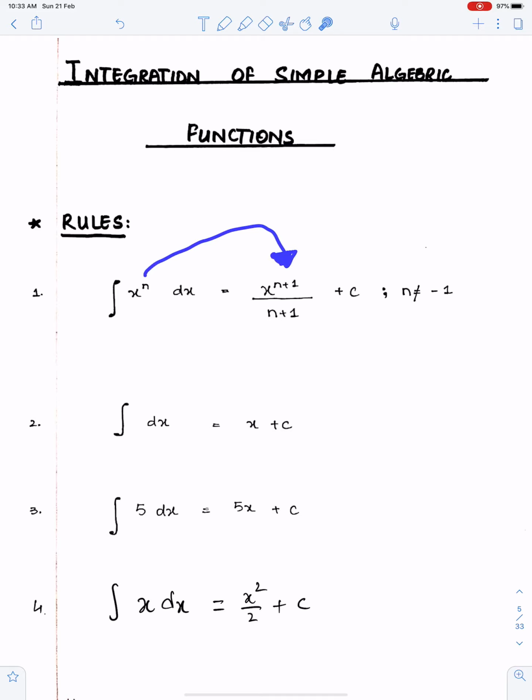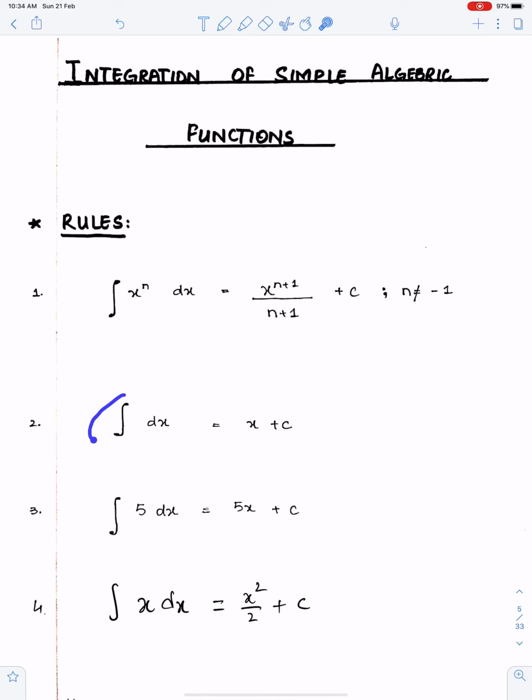When you integrate any simple algebraic function, you need to add 1 in power and divide the term by the resultant power. The resultant power is n plus 1, so divide x power n plus 1 by n plus 1. And write the constant of integration because this is indefinite integration. And this formula is true for all values of n except minus 1. Minus 1 is not in the syllabus.